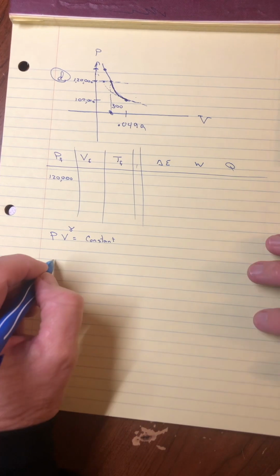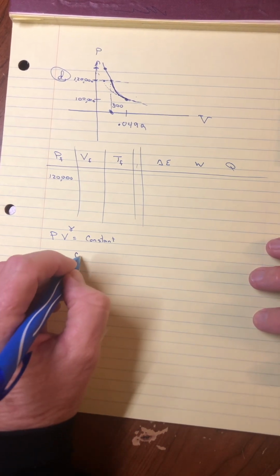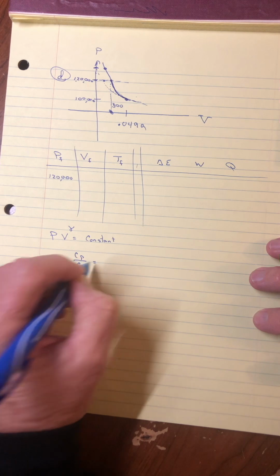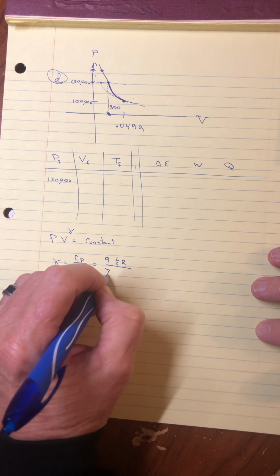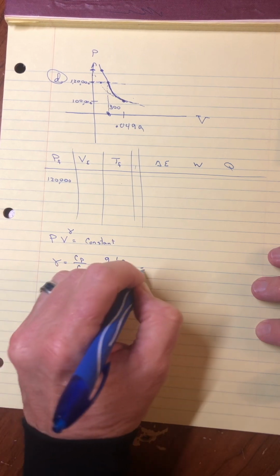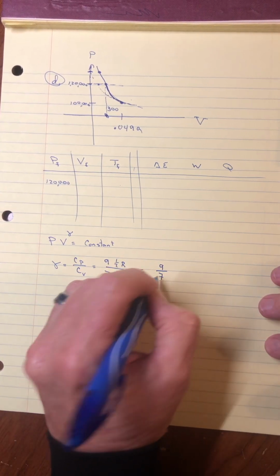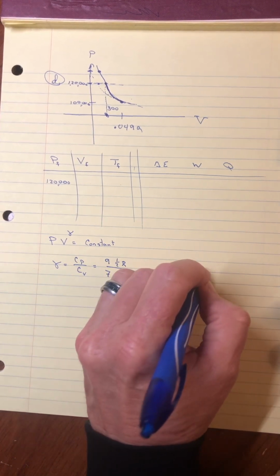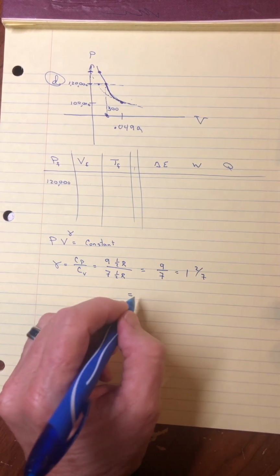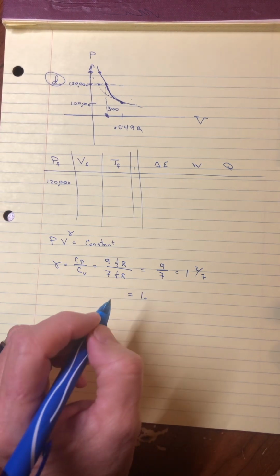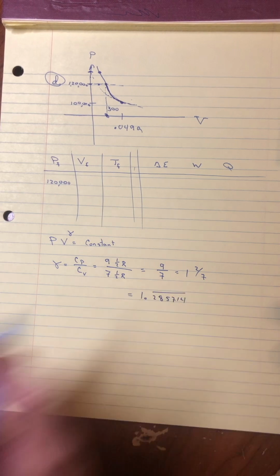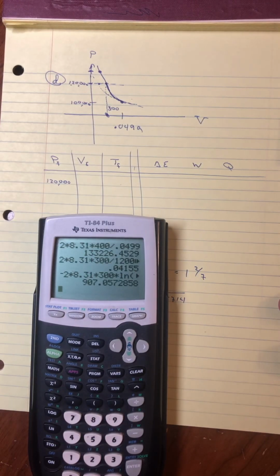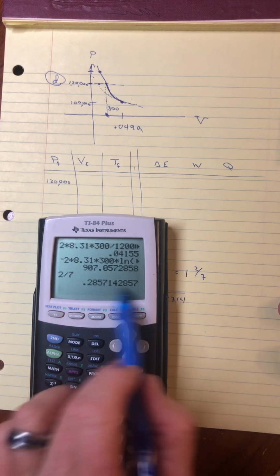And so that means my gamma, which is Cp over Cv, would then be 9 halves R over 7 halves R. And so this is 9 over 7, which I guess is 1 and 2/7, and 7's a prime number. 2 divided by 7, yeah, 0.28, 14, and then repeating.